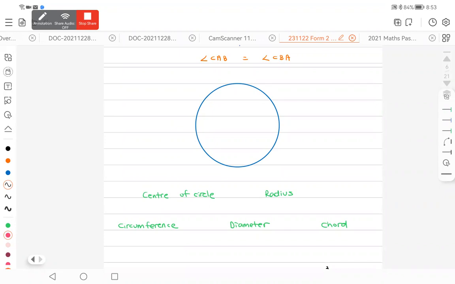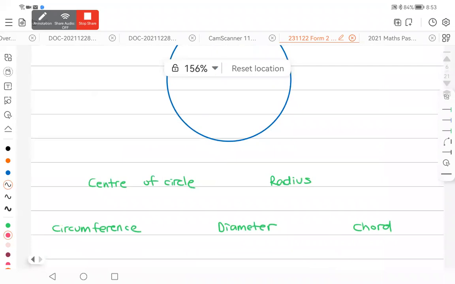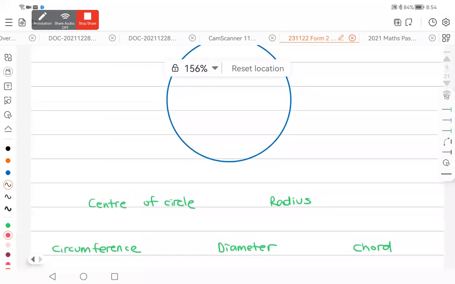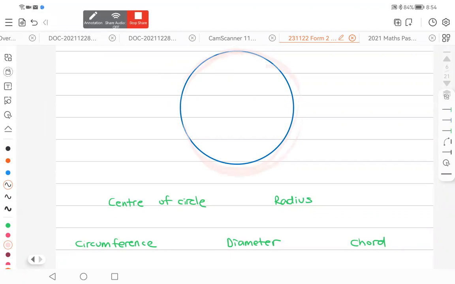Perimeter of a circle. What is it called? You can choose from the choices there. Joel, what's your answer? While you type, I'll show you where the perimeter is. Okay, so it's known as circumference.